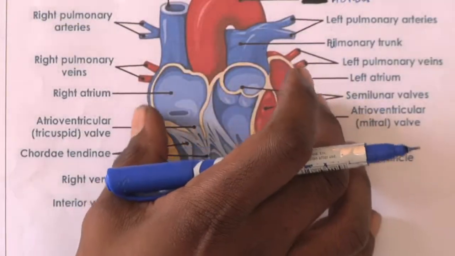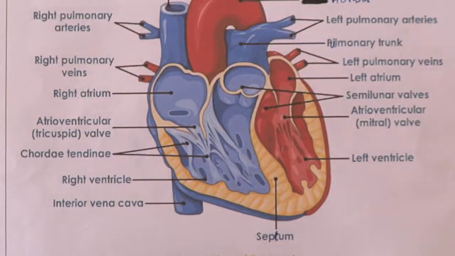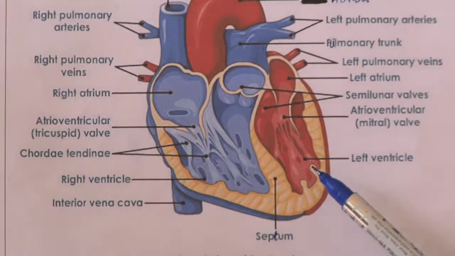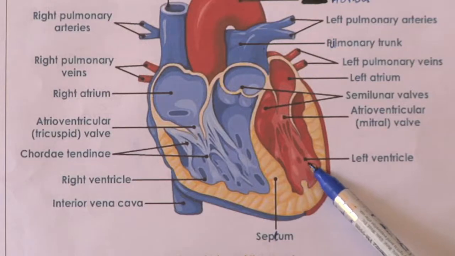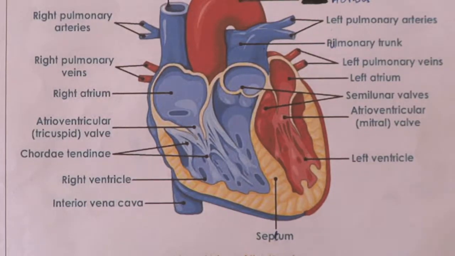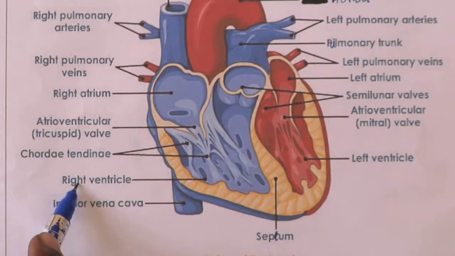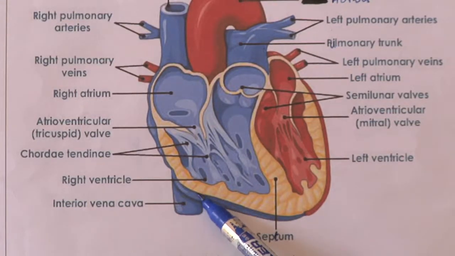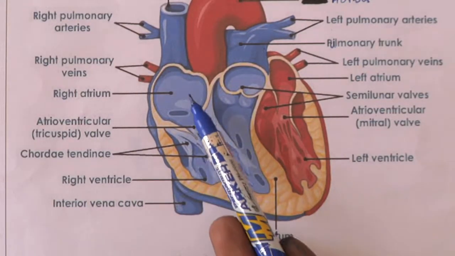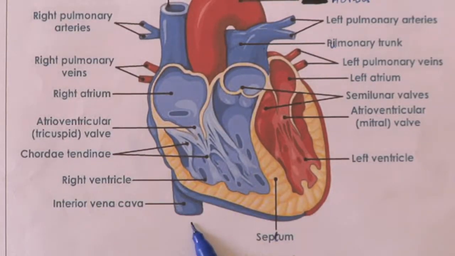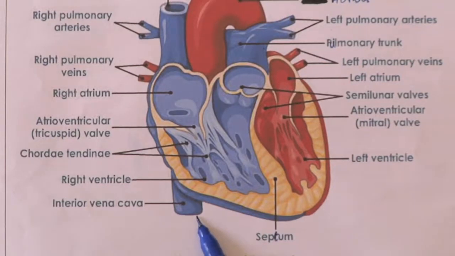Now, when you look at the lower part of the heart in my diagram, you can see an indication of the red part, which is the left ventricle, and the blue part on the lower part of the heart, which is the right ventricle. Then there is the inferior vena cava, working in conjunction with the superior vena cava, which brings in deoxygenated blood from the lower parts of the body.